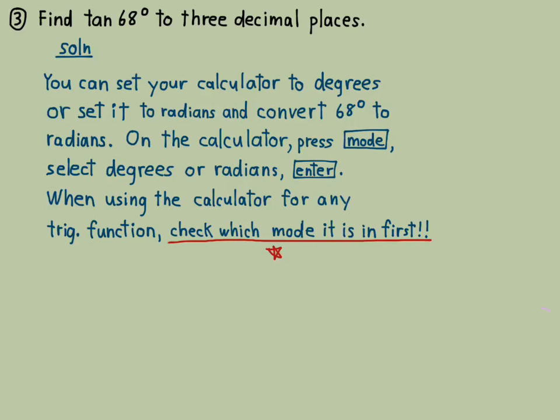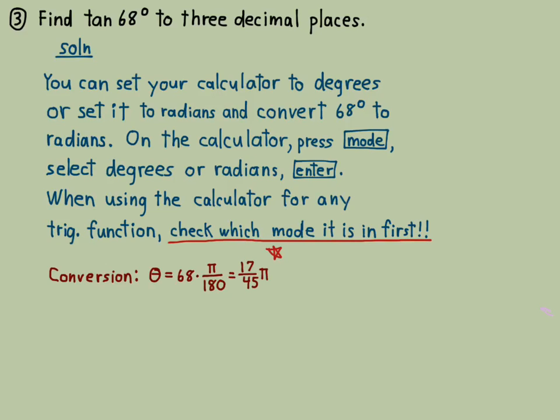So let's say we're doing it in degrees, you just press enter on degrees. Now it's in degrees. Or if it was already in degrees, it'll be highlighted. And then you can just get out of that menu and then just do tangent 68. Okay, so it's fairly straightforward.